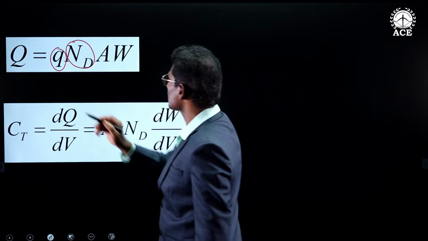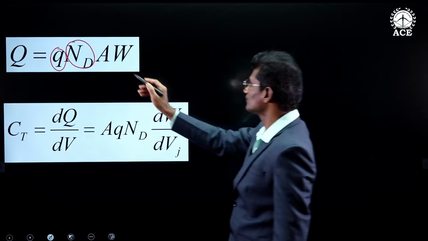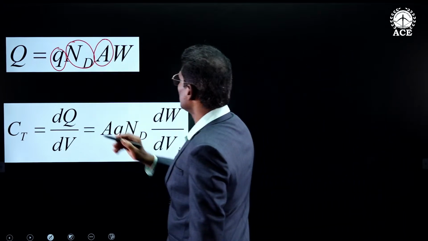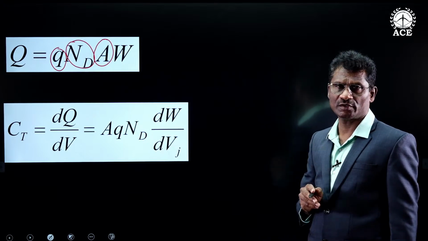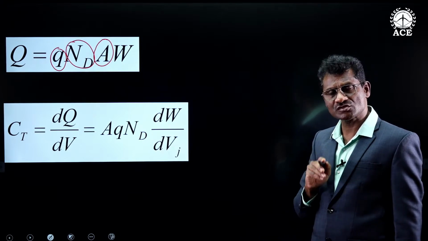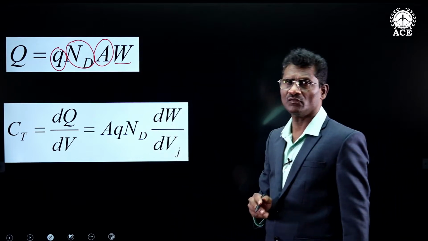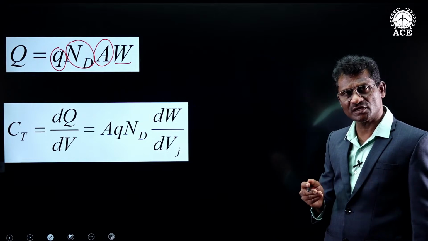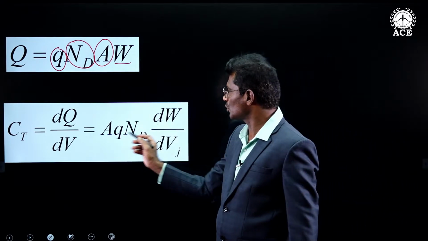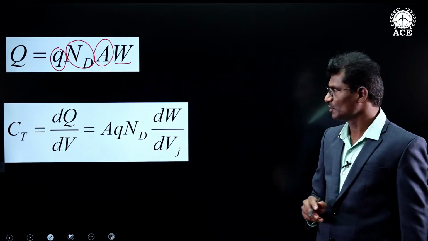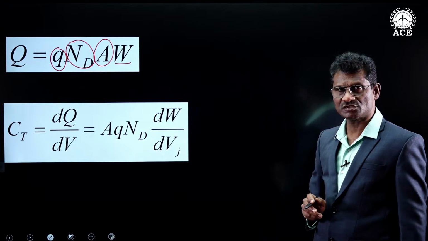Nd, donor concentration, will not vary with voltage. Area of cross section of the diode will not vary with reverse voltage. But as reverse voltage varies, the width of the depletion region will vary. If reverse bias is increased, it will increase. Hence A, Q and Nd are constants, so this is written as dW by dVj.